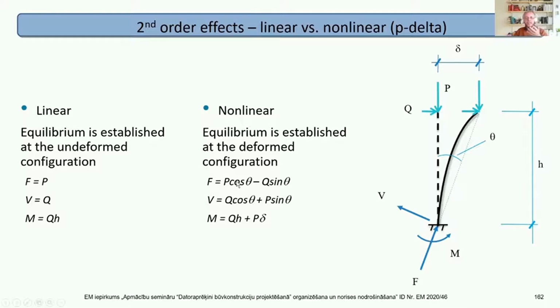In a non-linear or P-delta analysis, remember, equilibrium is at the deformed position, and so this force is a factor of the P and Q values, factored by the angle of deflection. The V, again the horizontal reaction, is a factor of Q and P, and the moment is Q times height again, plus load P times the delta of the deflection. So this is the P-delta moment which has been generated by this displacement.